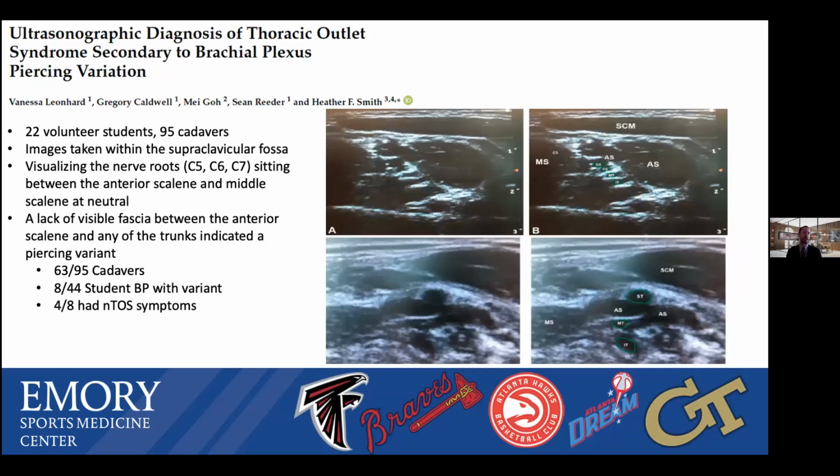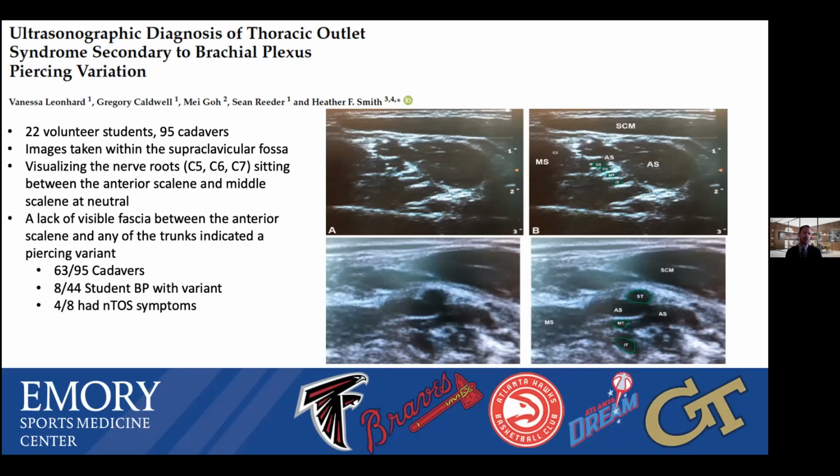Then back in 2017, this paper came out describing anatomic variants that could predispose to neurogenic TOS. They took 22 volunteer students, so a total of 44 plexi, and 95 cadavers. They again took those images from the supraclavicular fossa, looking at C5, 6, and 7, those trunks.